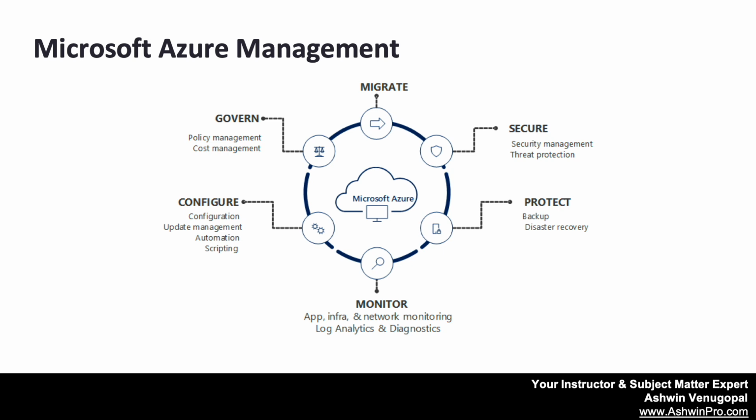In the secure portion, once the data is in the Microsoft Cloud, you need to ensure that security management and threat protection are in place so that your data is secure. On the protect side, just like you take backups of your data in an on-premise scenario, you need to ensure that you are taking backups of your servers or your configuration, and that you are ready for any disaster recovery scenario.